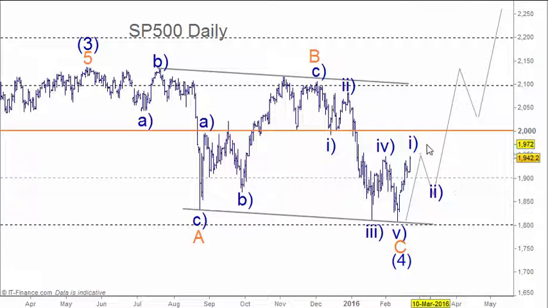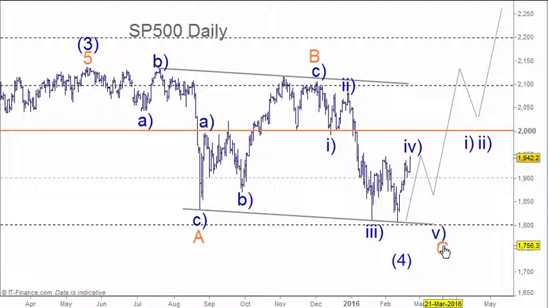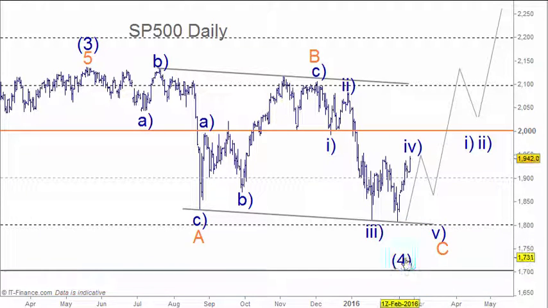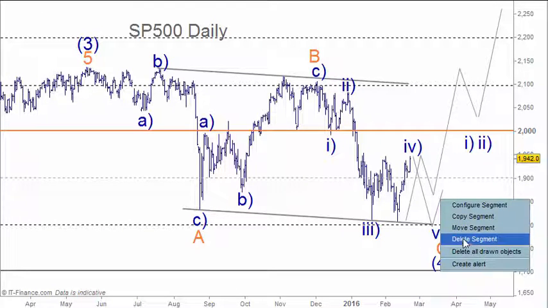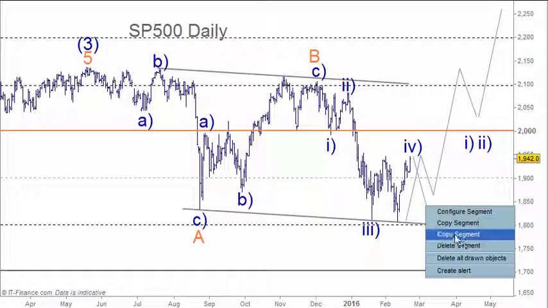That would be a situation where, if I remove this wave 1 and wave 2 for a moment, and simply put wave 4 here and then wave 5 down through to here, this would be from here wave 3, an A wave, a B wave, and a C wave to here, and then we would be looking at 5 waves coming back down to this point, and then moving up off from that low. I don't think it's the case, but it's something that we need to be aware of, and it's something that we need to navigate as well.